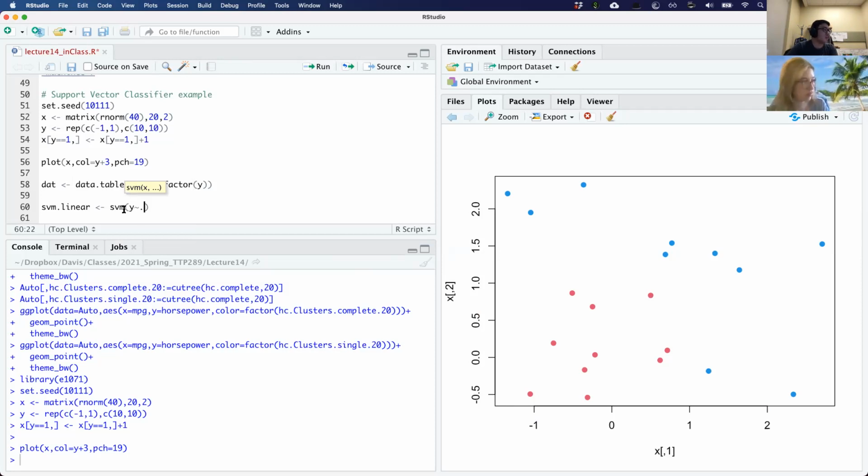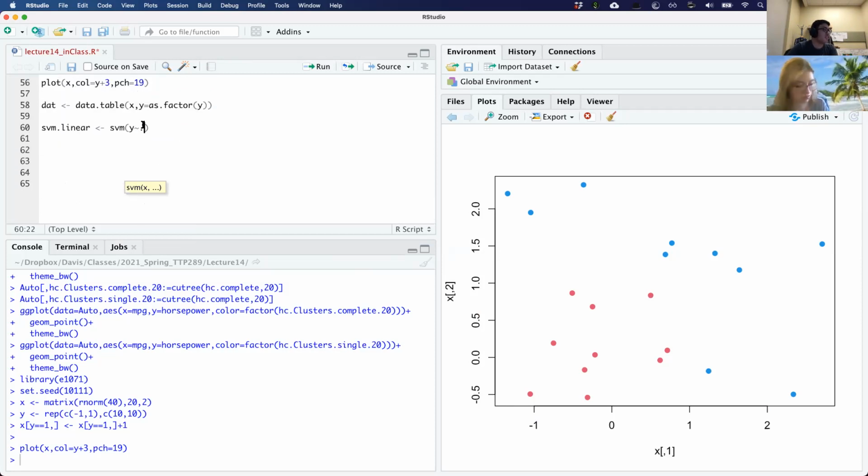So we're going to create a support vector machine, so y getting regressed on x. I'm putting the dot here to make it grab everything, but it's just x, grabbing the data from this data table. So far, kind of similar to most of the models that we've done before.